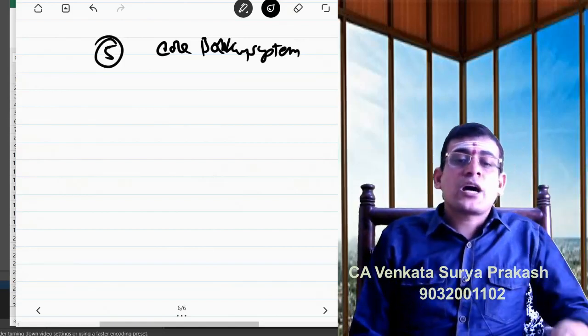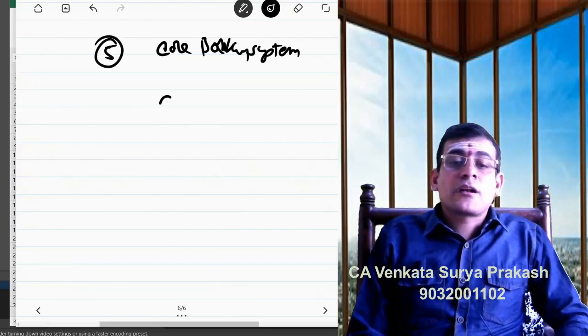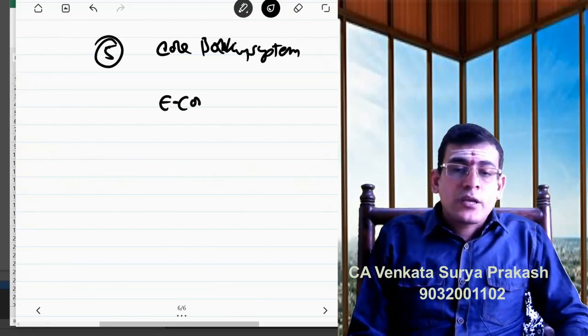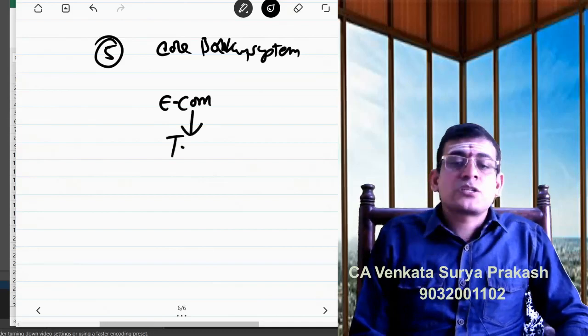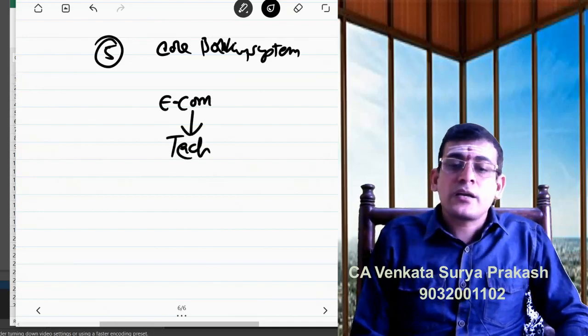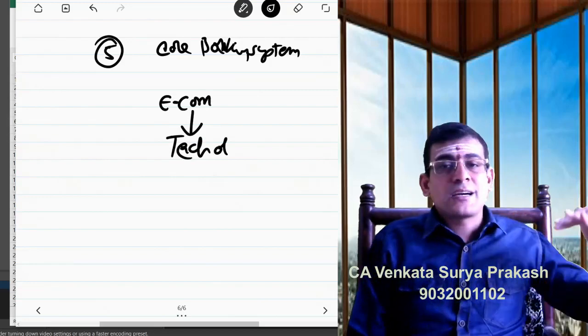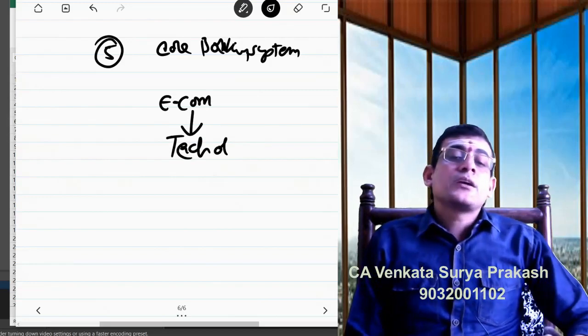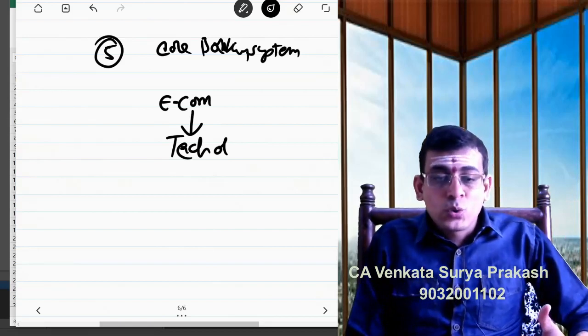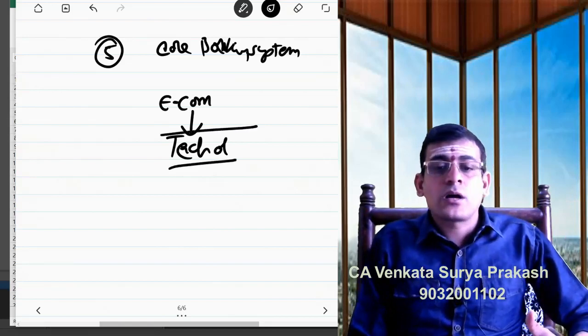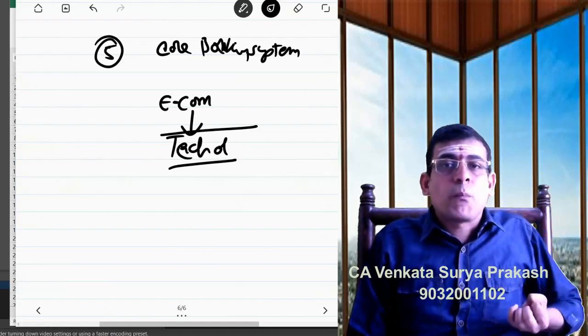There is one more chapter, your e-commerce. This is purely based upon technology. Earlier, e-commerce business was not there. With the introduction of technology, e-commerce businesses came into existence. Due to the enhancement of technology, the e-commerce business has increased much more.